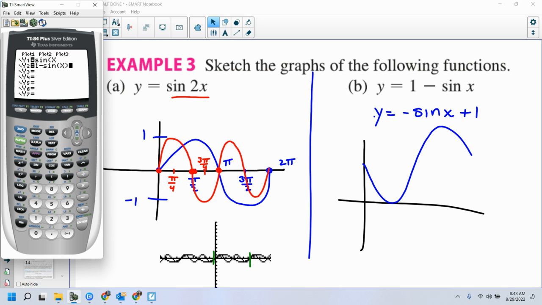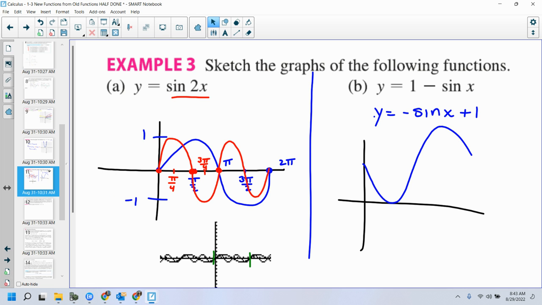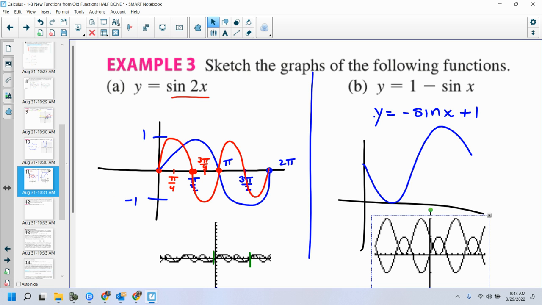Graph it. So here's our original. There's our new. Okay, got exactly what we thought was going to happen. This is what I'm looking at here.